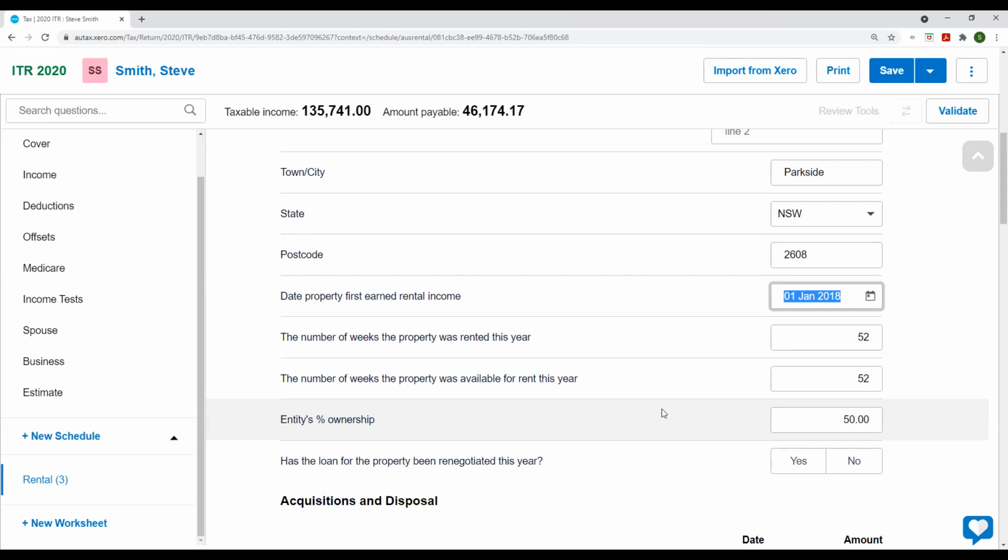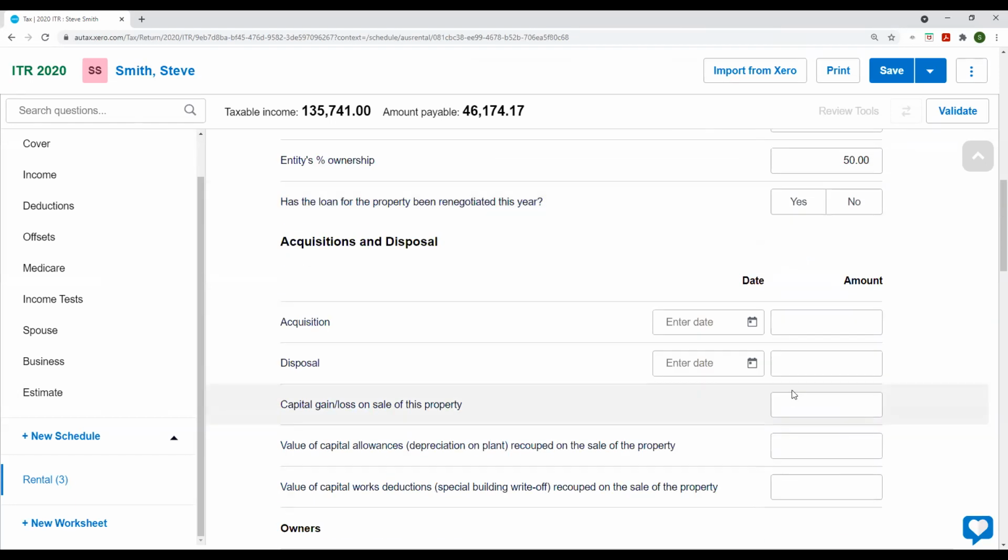Any expenses incurred to get a client, like agent fees, advertising fees or inspection fees, can be deductible from your rental income. However, land tax, council tax and so on cannot be deductible.